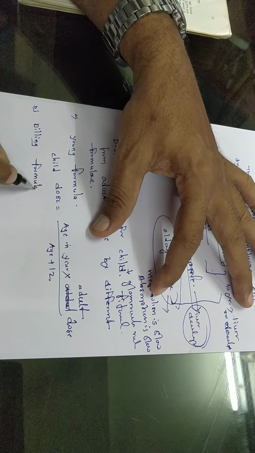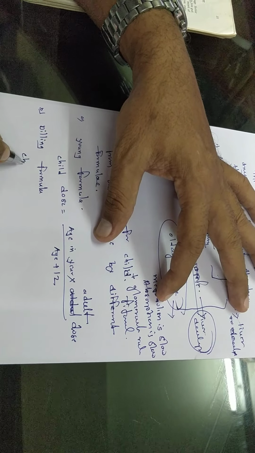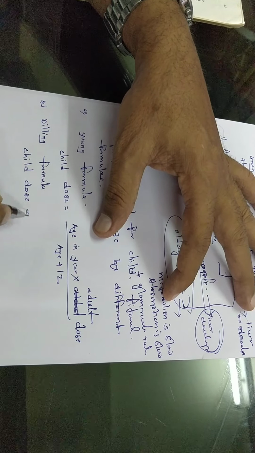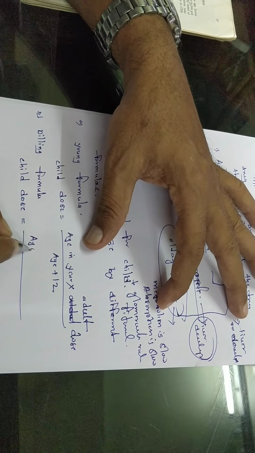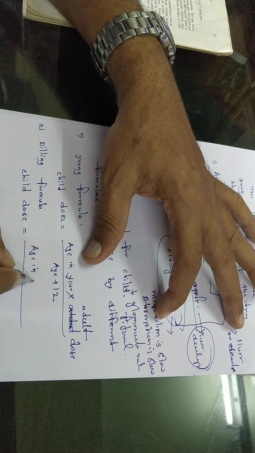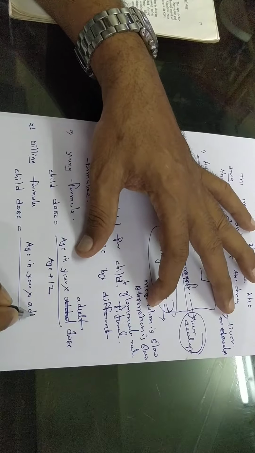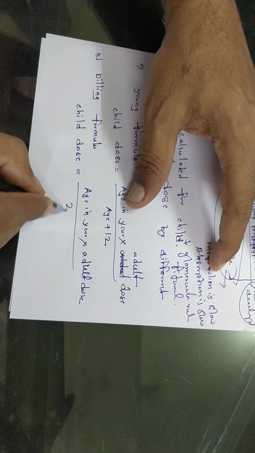Dilling's formula: the child dose is the ratio between age in years into adult dose divided by 20.